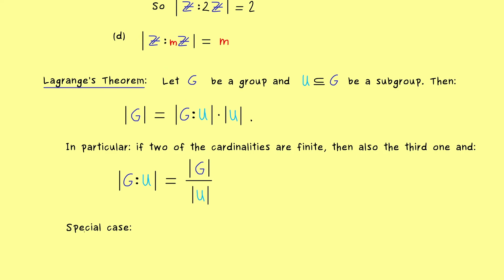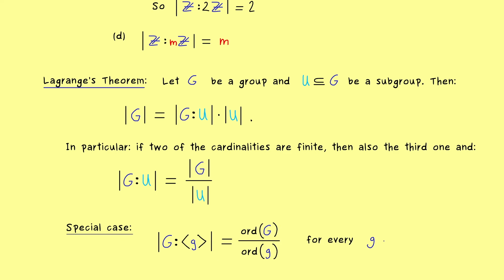And moreover, we can immediately look at a special case where we generate a subgroup U just by one element in G. And you already know the notation for that. We have a lowercase g in pointed brackets. And now if we are in the finite case, we know that the cardinality of G is also called the order of G. Hence, the formula tells us that the order of the group G divided by the order of the element g is a natural number.